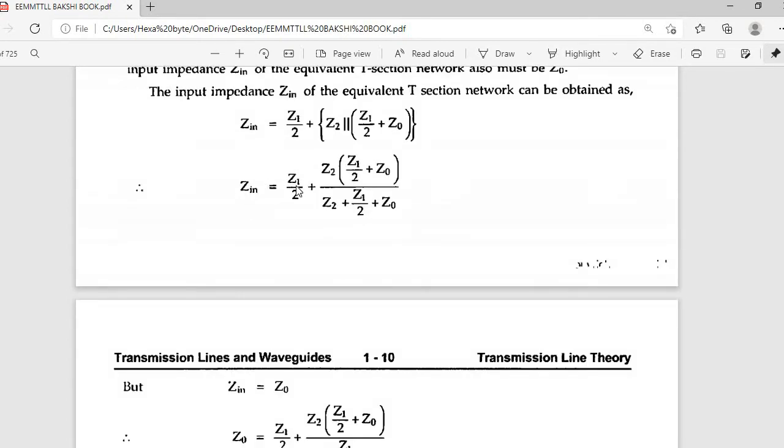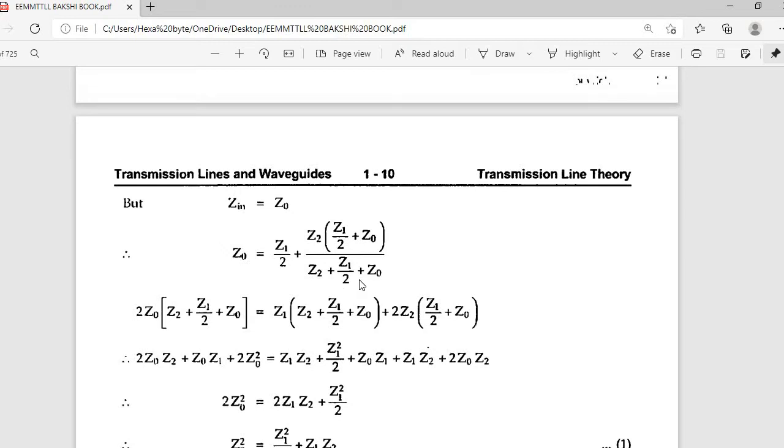Resistances R1 and R2 in parallel give R1 into R2 by R1 plus R2, and similarly here we take the parallel combination.